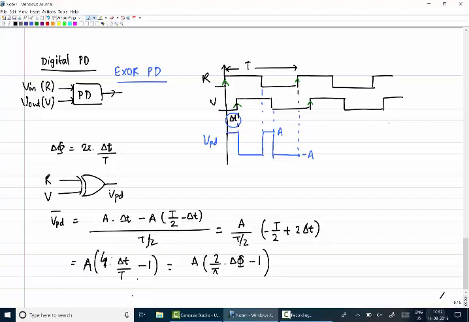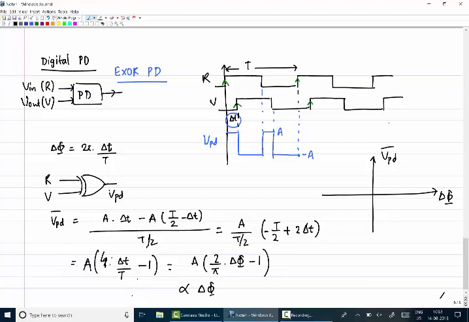Okay, now what is this phase error? If I look at the average voltage with respect to the phase error delta phi, the average of the phase error detector output, one thing you should be sure of is that this output is not one single value, it's a periodic waveform, but it has an average value, and the average value is proportional to the phase error.